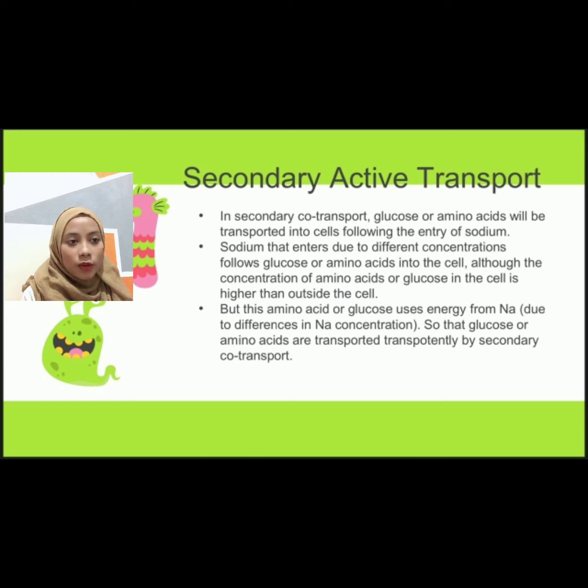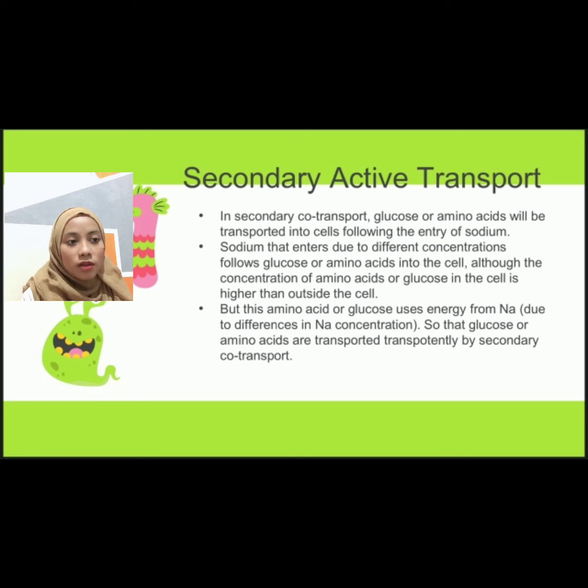Secondary active transport. In secondary co-transport, glucose or amino acids will be transported into the cell following the entry of sodium. Sodium that enters due to the concentration difference is followed by glucose or amino acids into the cell.